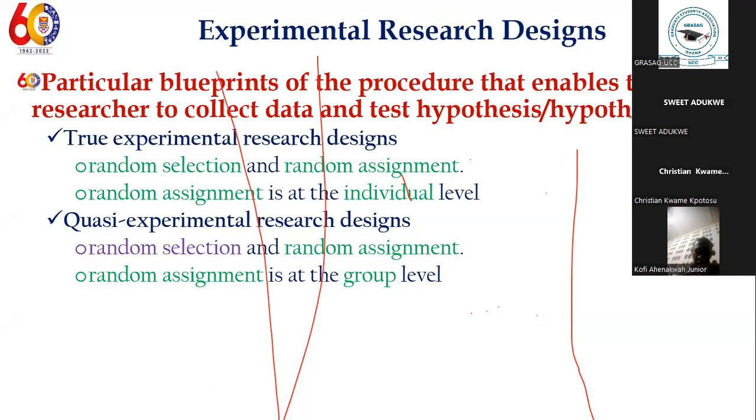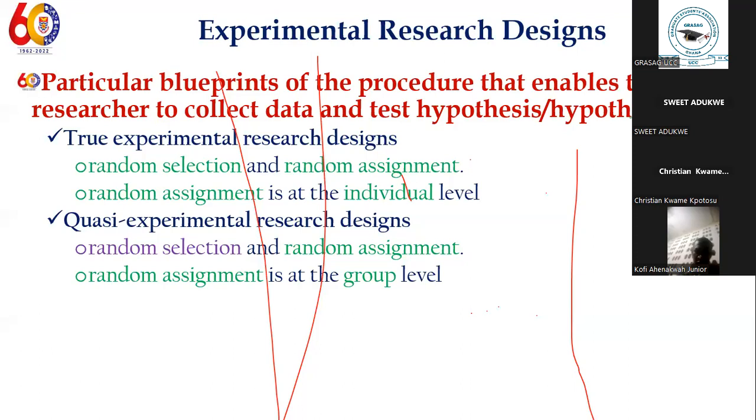The reason why I'm saying this is that even before you select your predefined, categorized groups to know which group goes into experimental and which goes into control, sometimes there is the issue of random selection. Let's see how it plays out. For example, we want to see the effect of a new curriculum on students' performance.